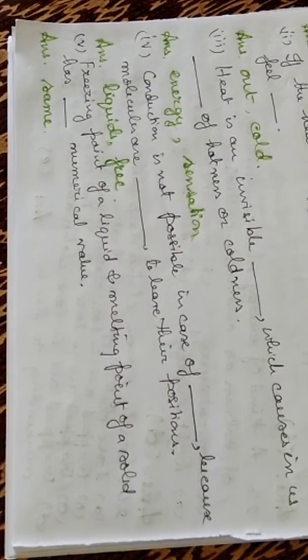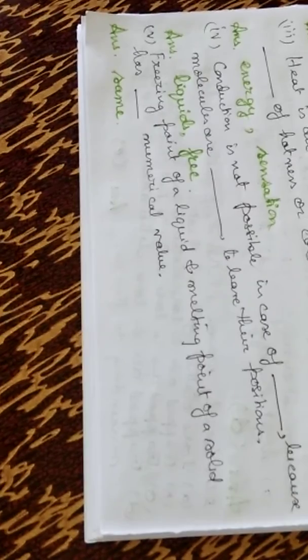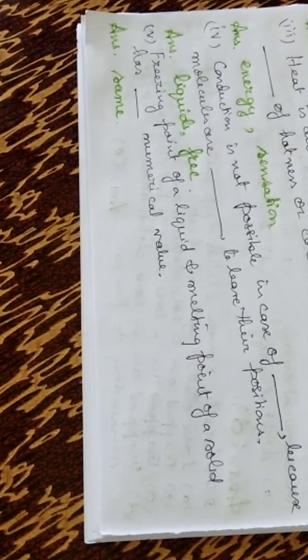Conduction is not possible in case of liquids, because molecules are free to leave their positions. Freezing point of a liquid and melting point of a solid have the same numerical value.